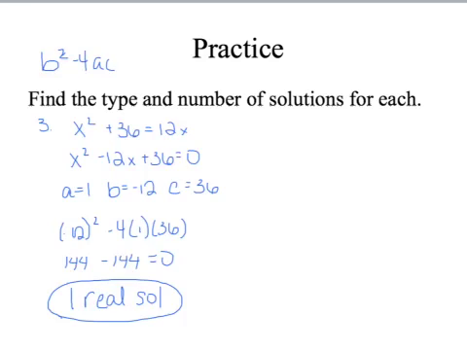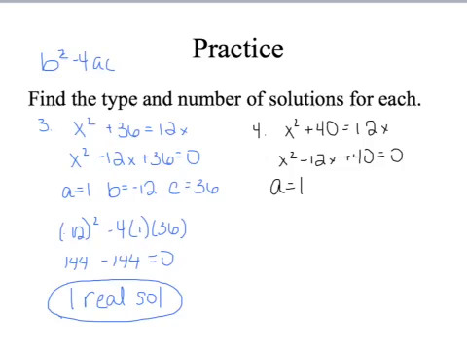Let's try another one. Problem number 4 in your notes, we have x squared plus 40 equals 12x. Step 1, you have to get it set equal to 0 so that it's in standard form. So I subtracted my 12x over. And now I need to find what is a, what is b, and what is c.